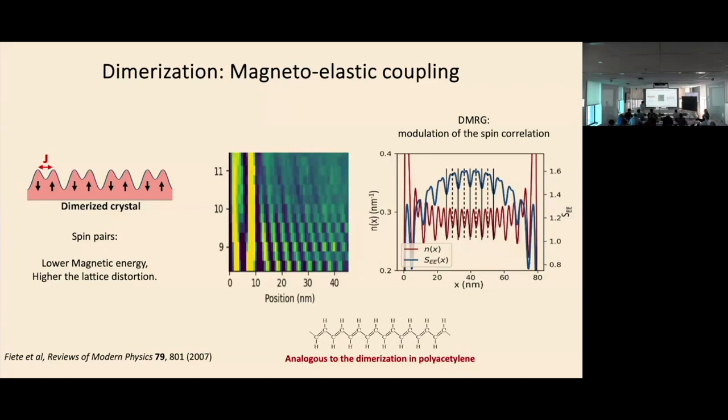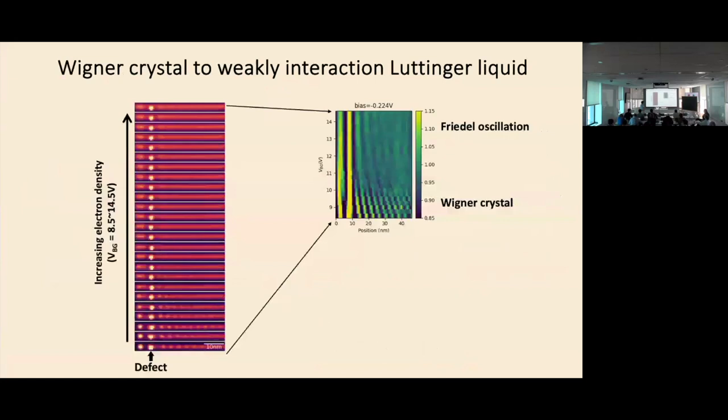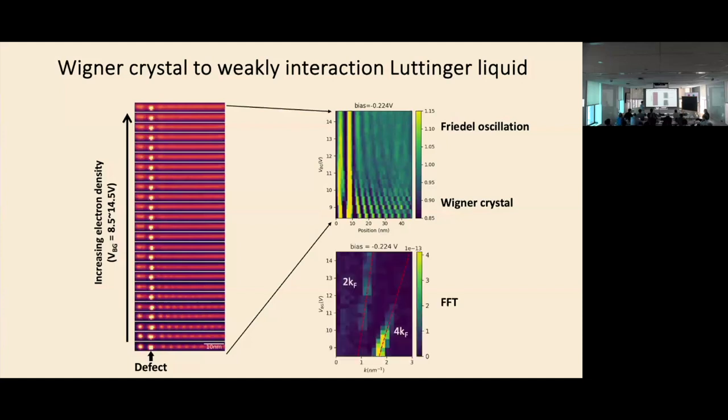And then if we go to even higher density, the dimerization is not obvious anymore. We really just see a reduced oscillation period at 1/2 of this case, a period that is doubled, or k is 1/2.